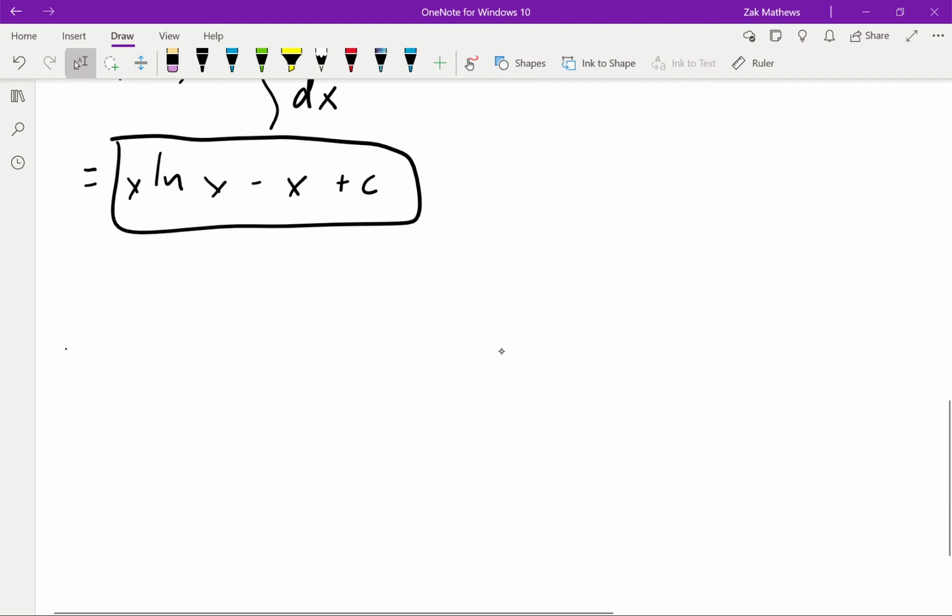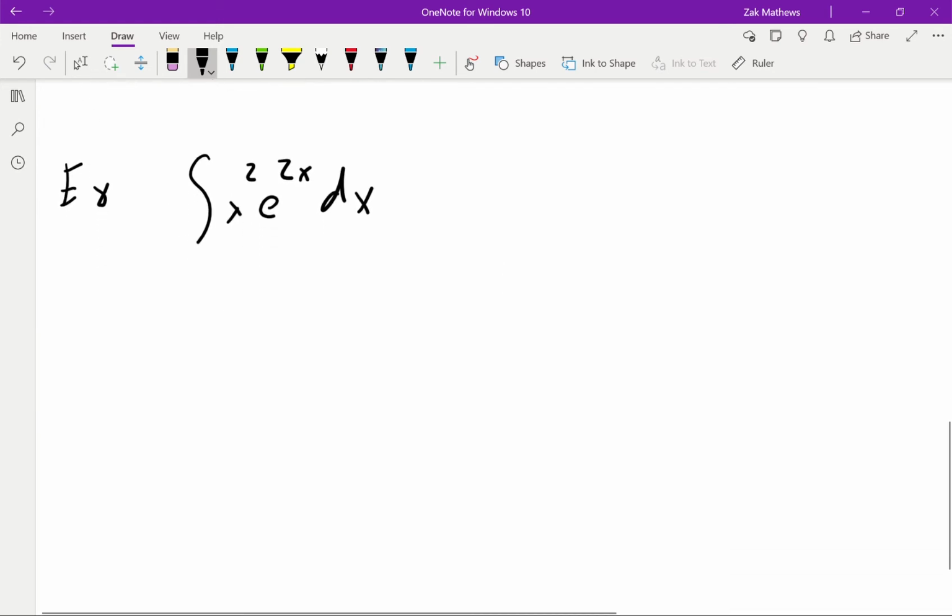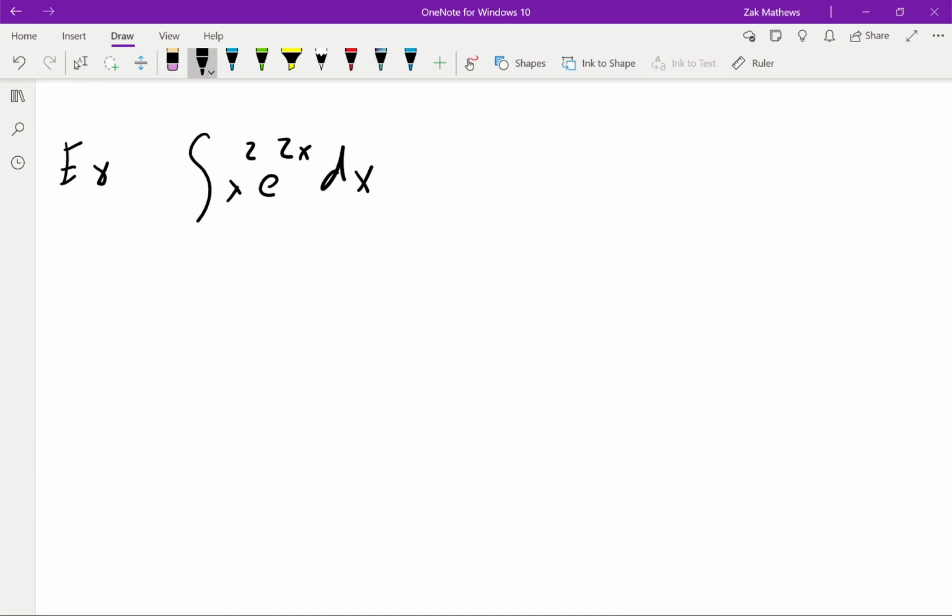Let's take another example. Let's integrate the integral of x squared e to the 2x dx. Now, if I look at this, what should I let my u be? Well, I definitely don't like the e to the 2x because I know that anytime I take the derivative of an e function, of any exponential function, it stays the same.